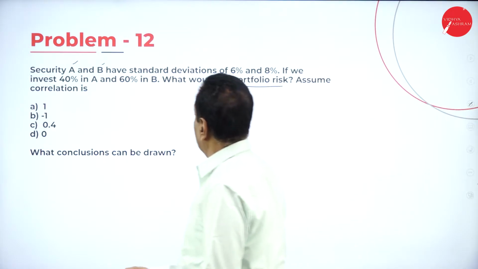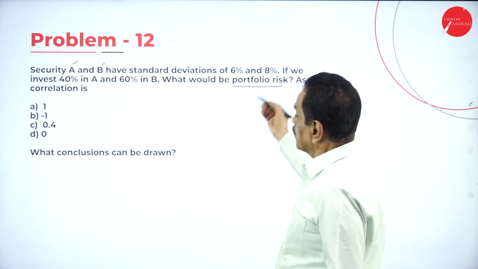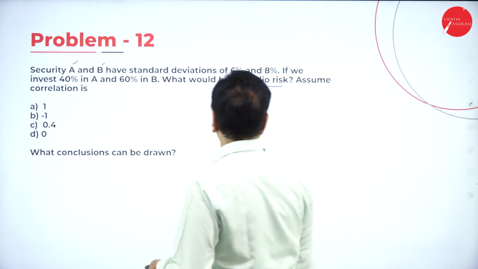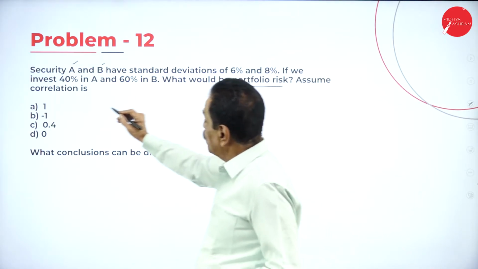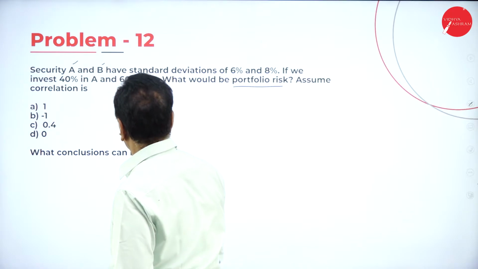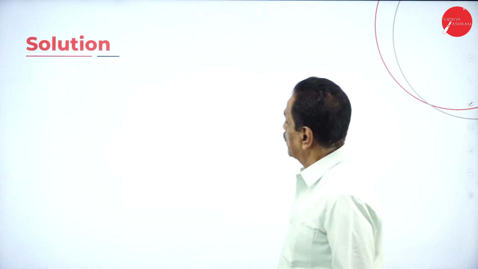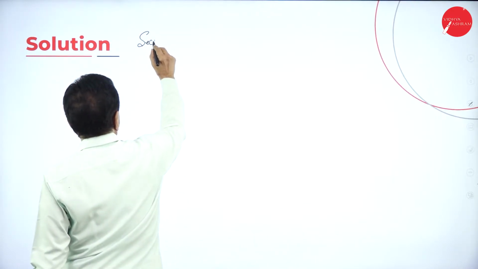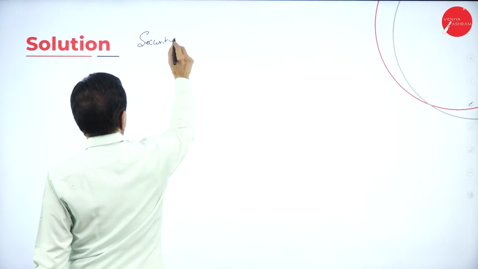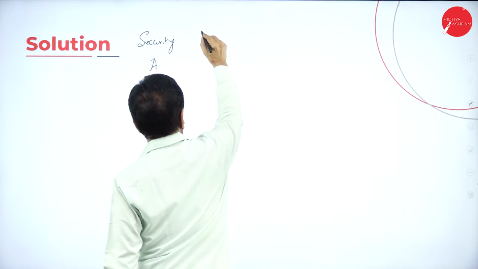Which securities are A and B? Their values are here. One is 60%, another is 40%. We have security A and security B weights.